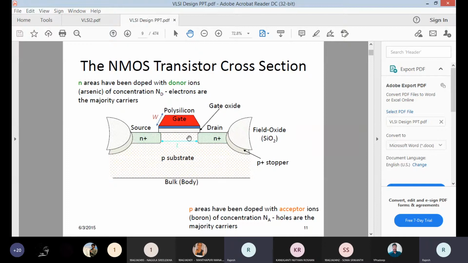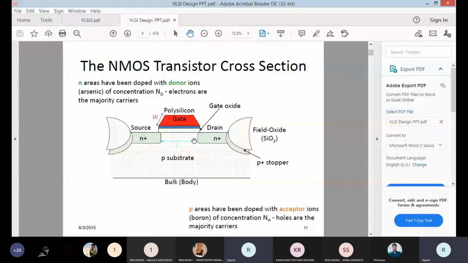The minimum voltage required to make channel inversion is called threshold voltage, at which the channel is filled with electrons.